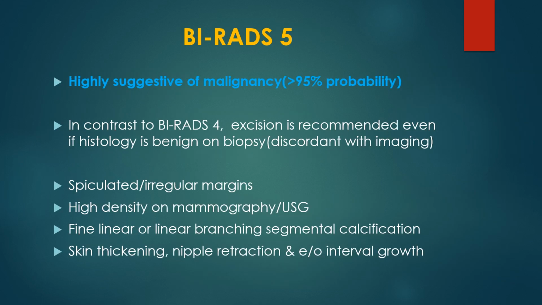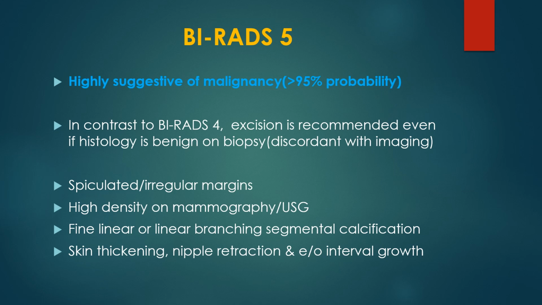Now about BI-RADS 5, it is highly suggestive of malignancy. The chance of malignancy is more than 95%, and it will have all the features of malignancy, like spiculated or irregular margins, very high density on mammography, or increased echogenicity or hypoechogenicity on ultrasound with posterior acoustic shadowing.